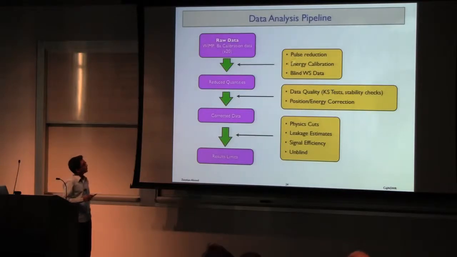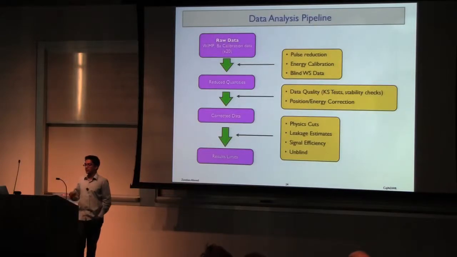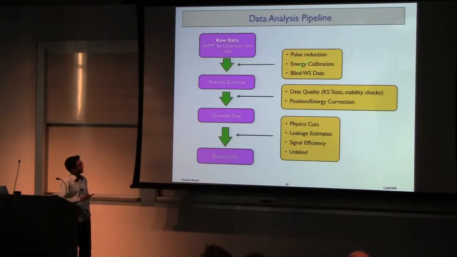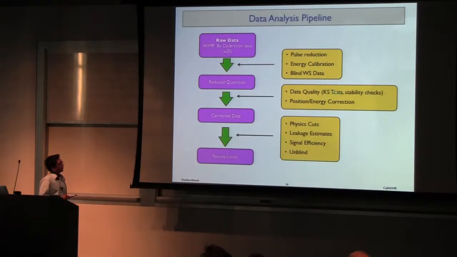We go through, reduce pulses, calibrate energy. We do a blind analysis, so we have to blind the WIMP search data once we have our calibration and stuff in place. Apply some data quality. This is mostly done automatically anyway. We just make sure all of it is consistent. And then we do something called a position energy correction, and I'll come to this later.